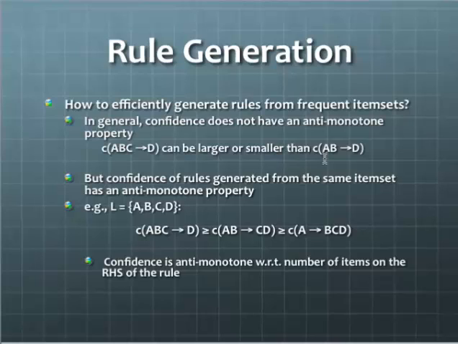For example, for the rules generated from the item set ABCD, the confidence of the rule ABC to D should be larger than or equal to the confidence of the rule AB to CD, and this rule should also be larger than or equal to the confidence of the rule A to BCD.